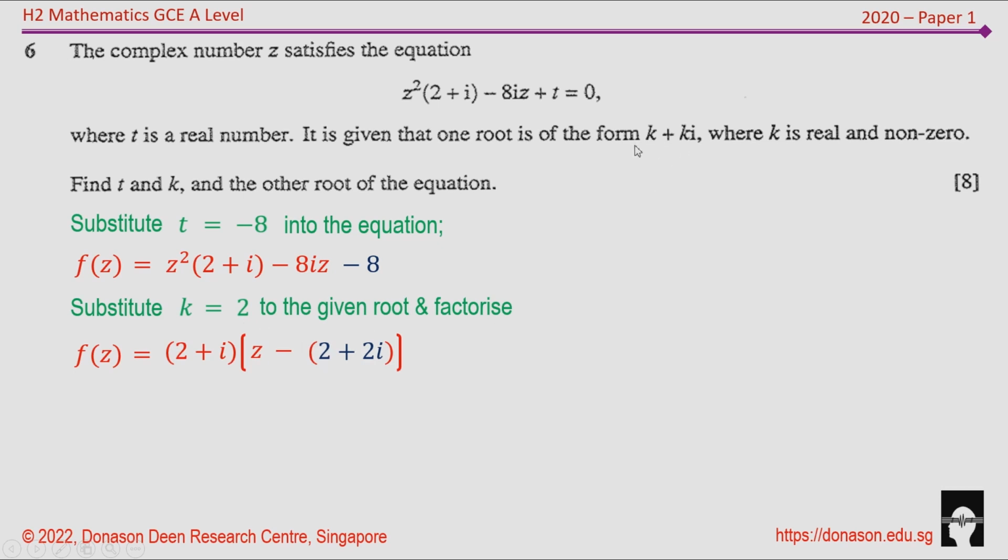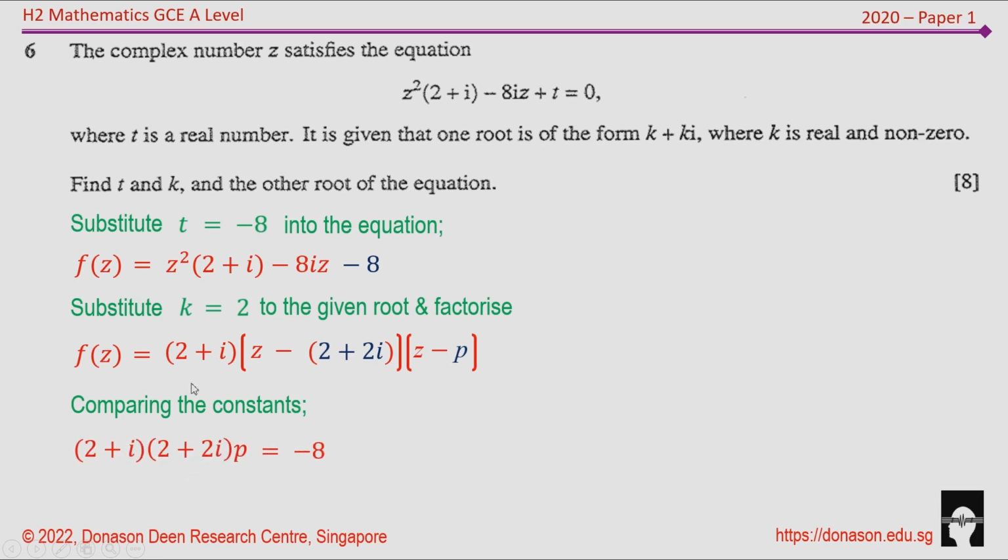So k plus ki, if it is a root, that means 2 plus 2i is one of the roots. And I do not know what the other root is going to be, so I am just going to leave it as z minus p, where p is something that I need to find out, and that would be the other root of the equation.